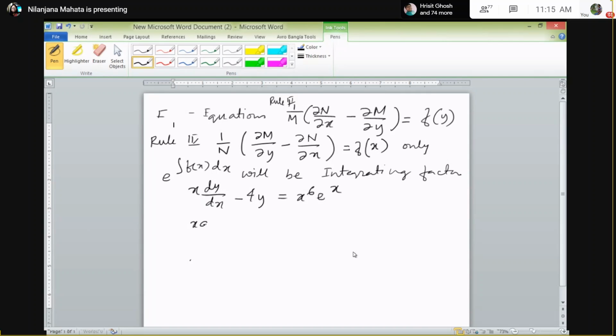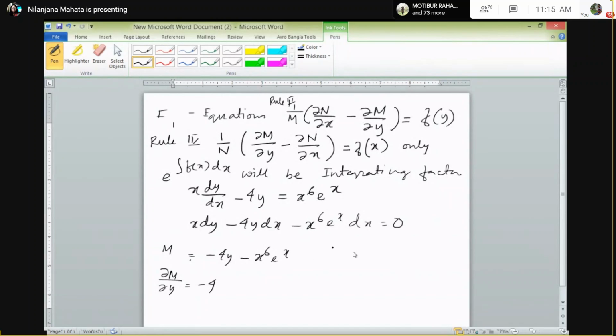So this will be nothing but (x dy minus 4y dx) minus x to the power 6 e to the power x. So your M is minus 4y, so del M del y is minus 4 and your N is x. So del N del x is equal to 1.